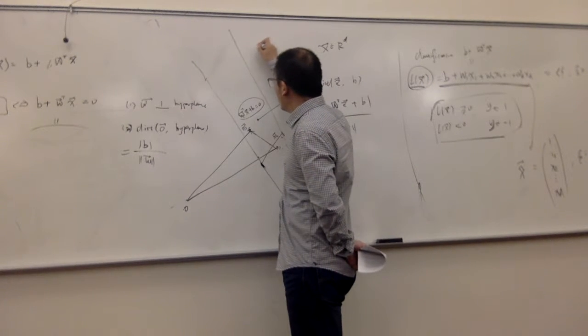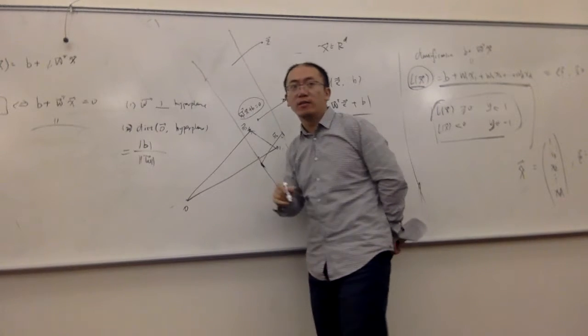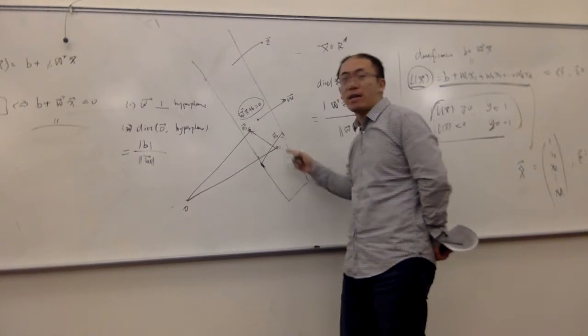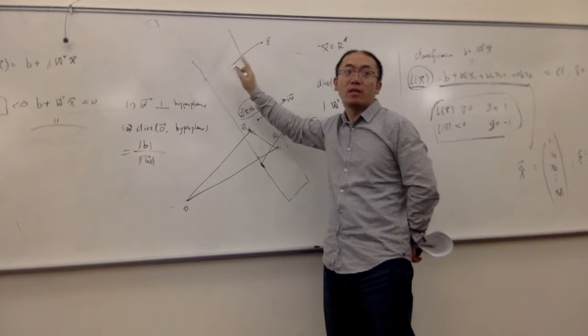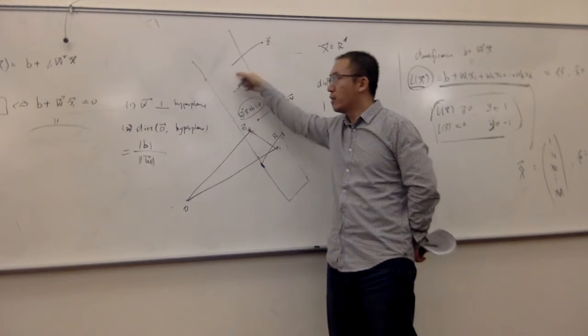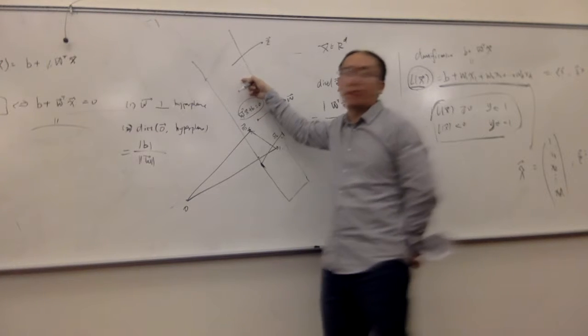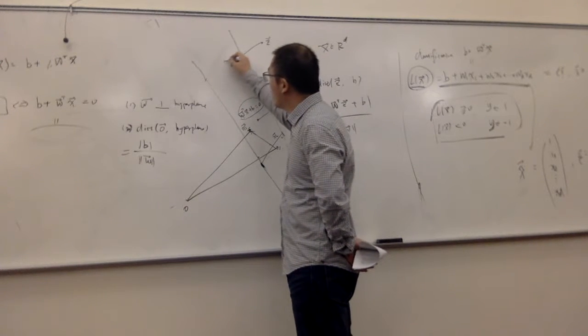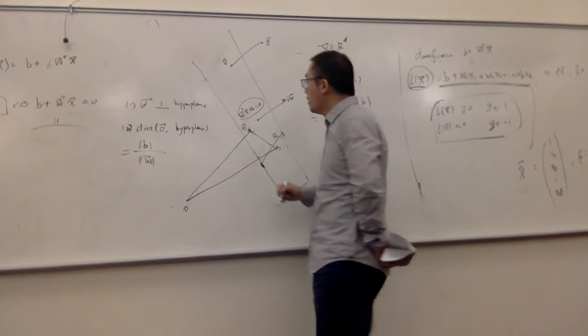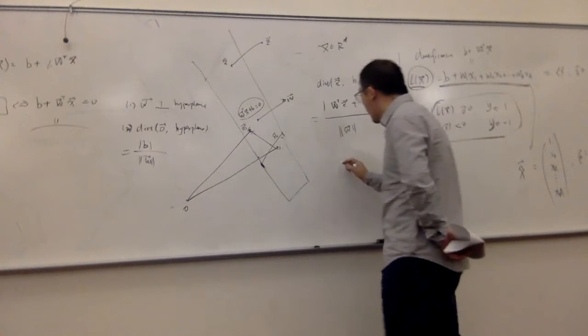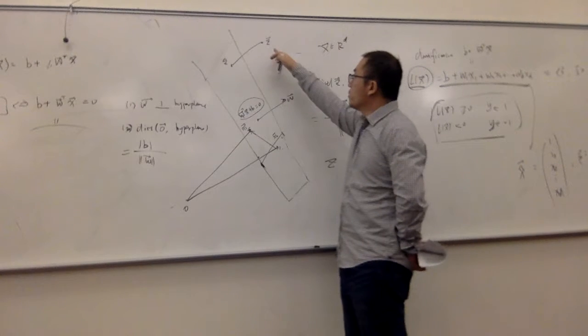I just draw a line which is orthogonal to this hyperplane and also passes through Z. And then there must be an intersection between the line and this hyperplane. I denote it by Z hat. And then how can you represent the difference between Z and Z hat?